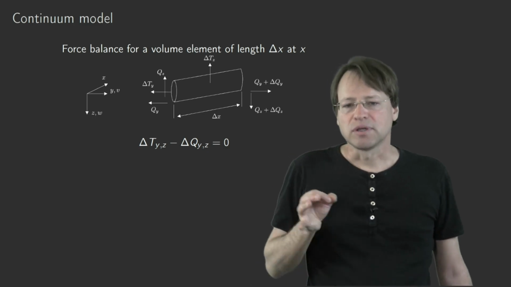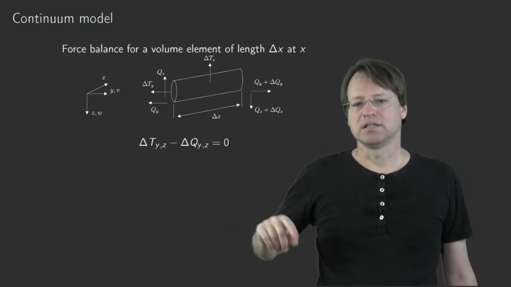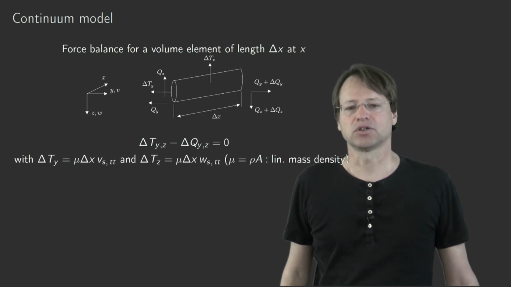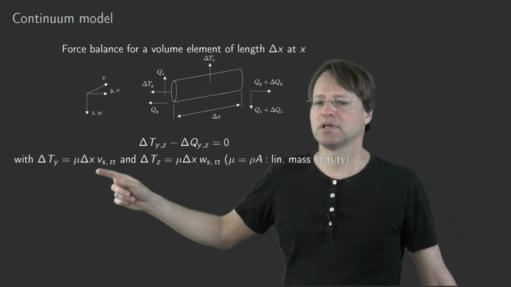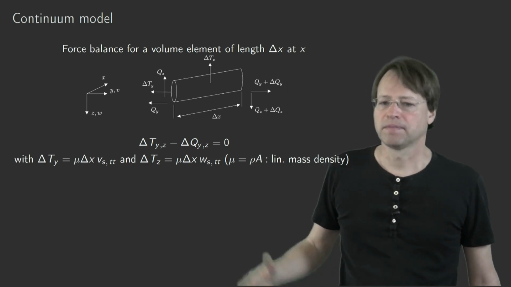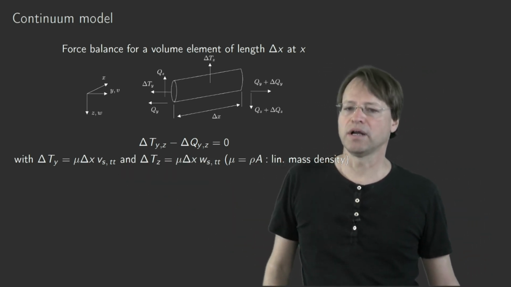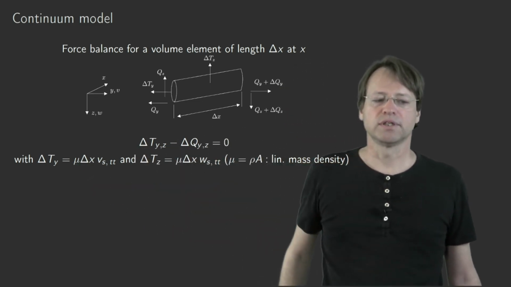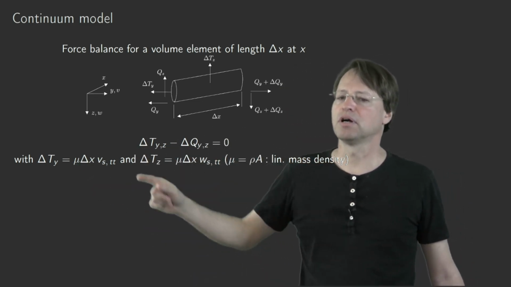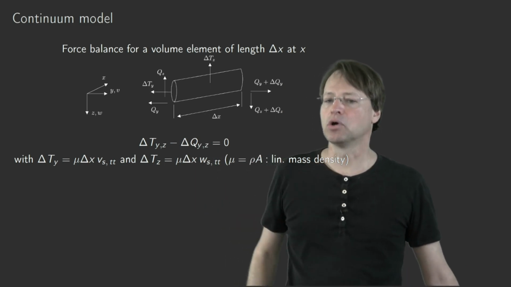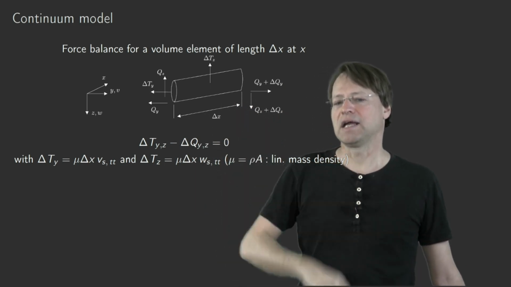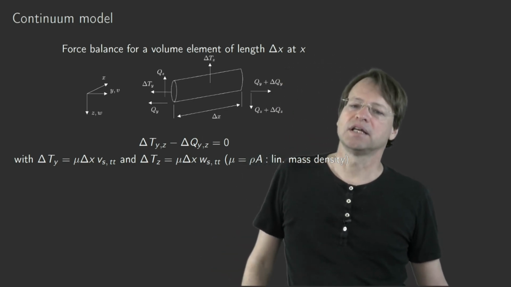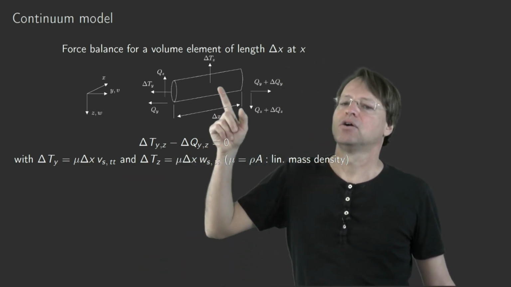Now we have to put some physics in these delta t and delta q, in these inertial and reaction contributions. For the inertial part, delta ty, we write it as the product of mu, which is the linear mass density, so the product of the mass density rho times the cross-section area A, and we multiply by delta x in order to get the mass of that part.